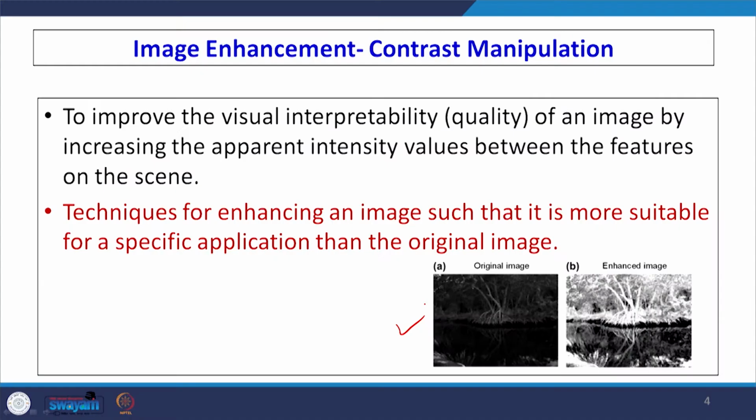So for visual interpretability of the image, we are manipulating or stretching the contrast of the image. The technique of enhancing the image so that it is much more suitable for a particular application or for identifying an object is called the enhancement of the image. On the left side there is an original image. It is quite a dark image, and hardly any features are visible.